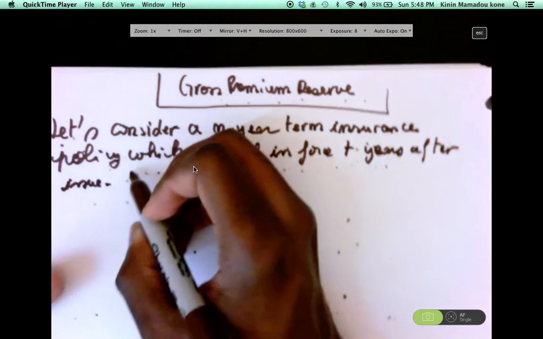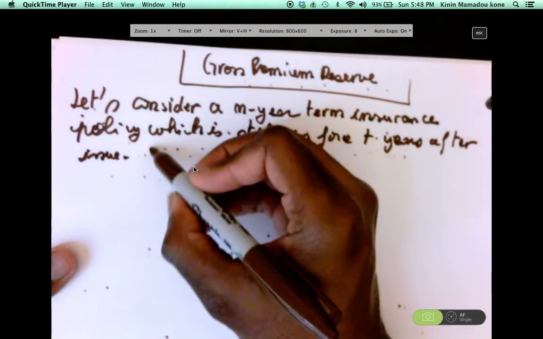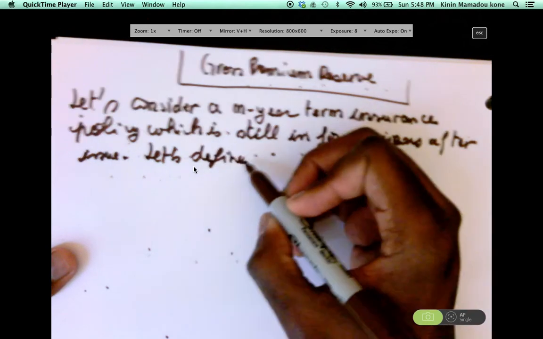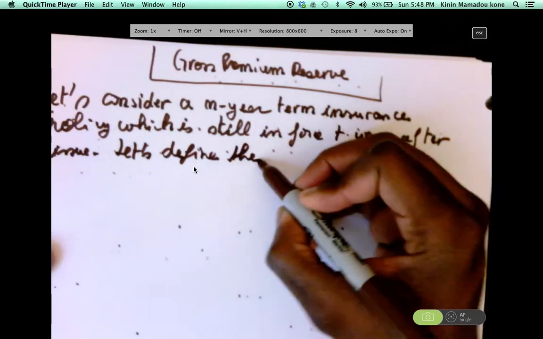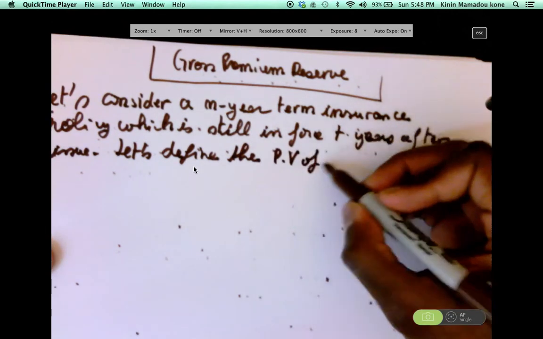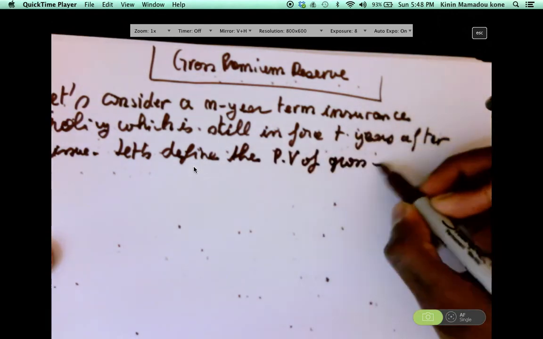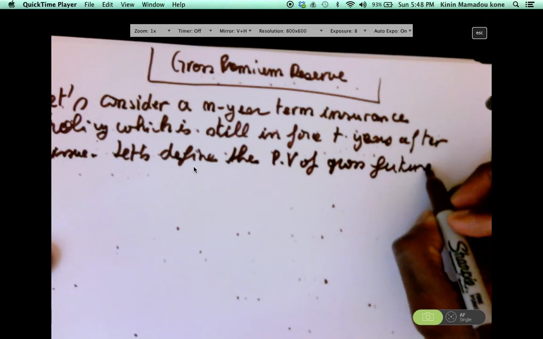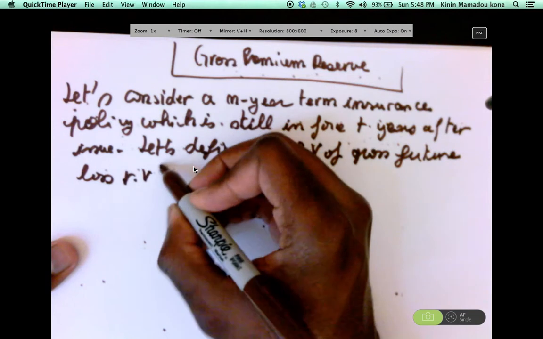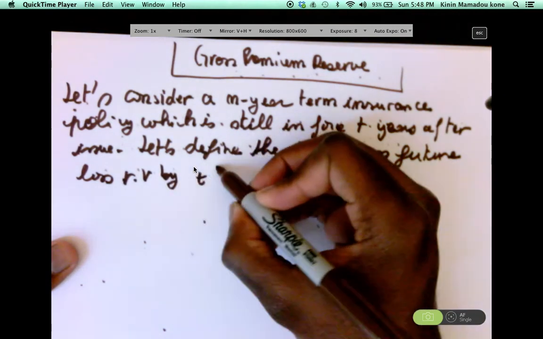Let's define the present value of the gross future loss random variable by L t.